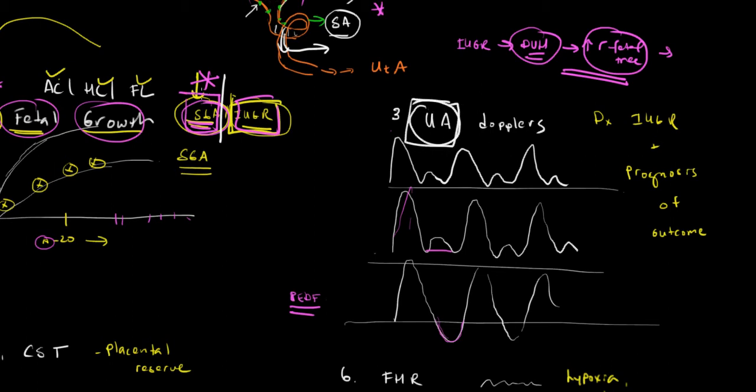But the pathology could become quite progressive, so that you could actually get AEDF, abnormal end diastolic flow, where you basically have no flow in diastole in the fetal circulation, and then even reversed. Even though this is not really an acute event, it's not like something suddenly separated or something prolapsed, it's something that develops over time, still, it's acute in its imminence for fetal injury.